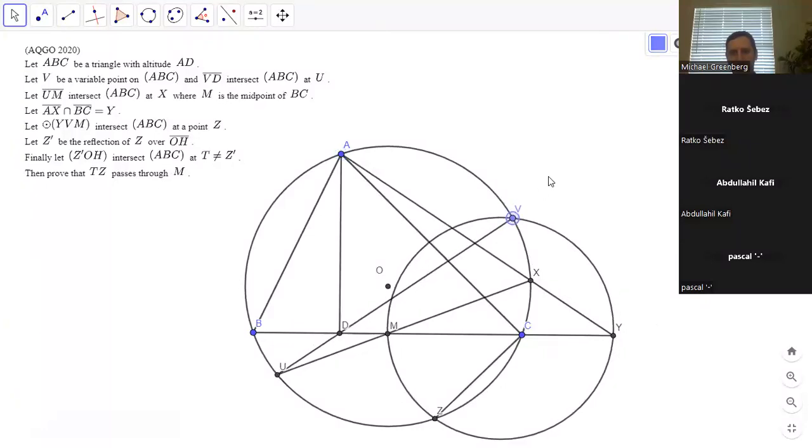If I make V lower, then it's obvious it doesn't lie on the circle. Okay, so we want to show ACZ is 90. Or we could define Z as the antipode. That's probably a better way to do it. Just define Z as the antipode, and then we want to show that it's cyclic.